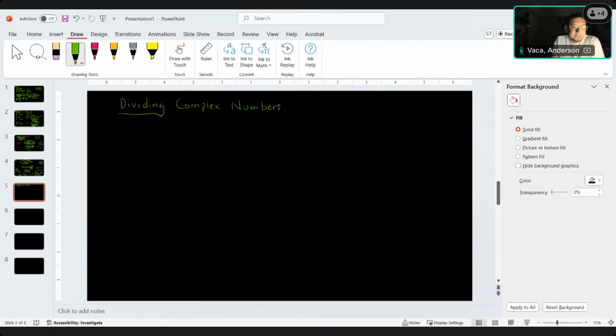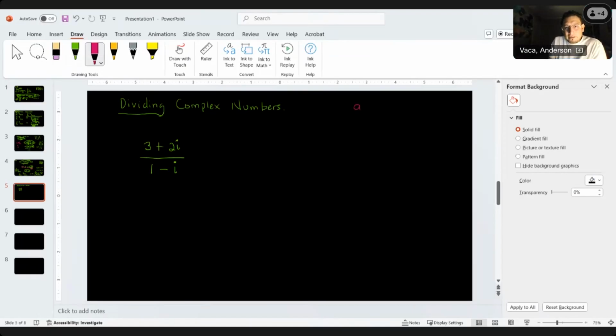Let's do 3 plus 2i divided by 1 minus i. But before I jump into how to do this, let me give you a little bit of background.